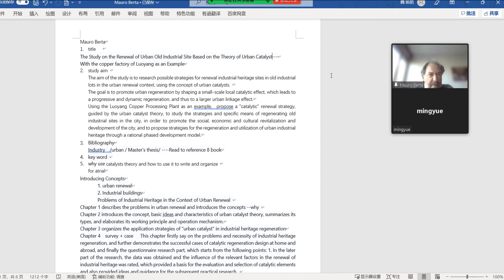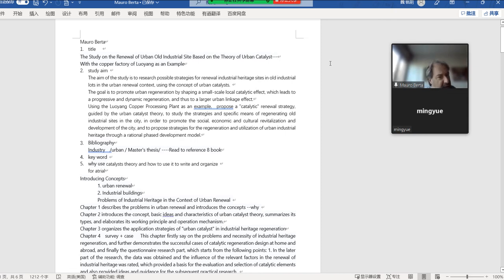I know that there is a book titled Urban Catalysts, but this is not a theory. It cannot be compared to a worldwide recognized theory. It is a contribution of some scholars. So I think that your work is not based on the theory of urban catalysts.